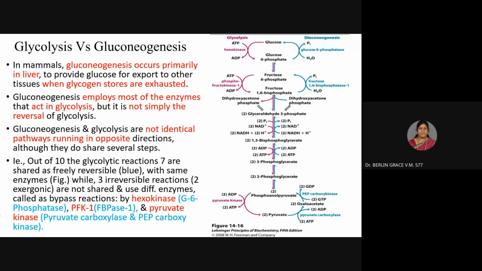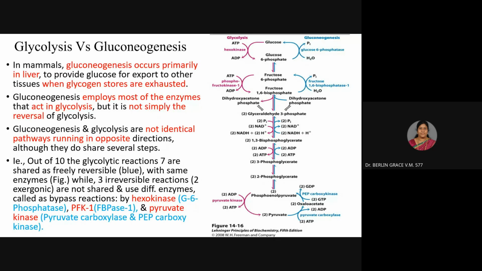When there is a scarcity of glucose, you don't have dietary glucose, you are in long fasting. At that condition, the stored glycogen also will be exhausted. Then what is the other source? From non-carbohydrate metabolites or precursors, glucose will be synthesized by gluconeogenesis. It is happening primarily in the liver.